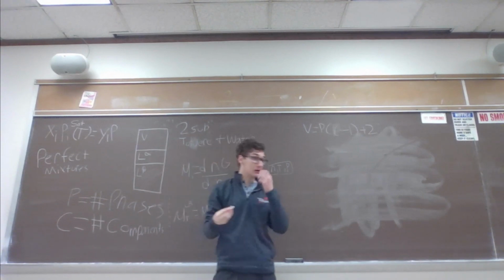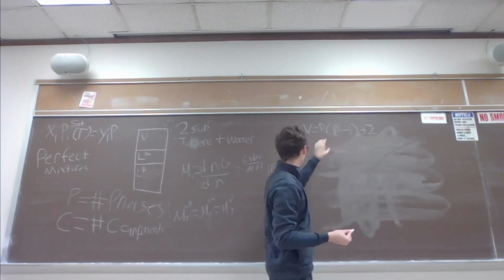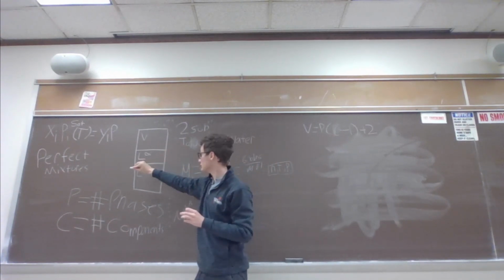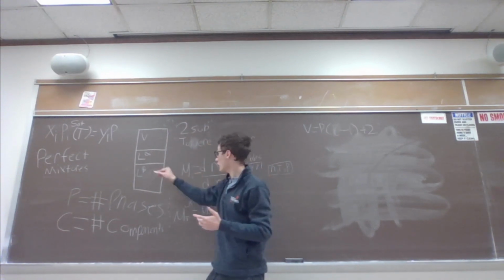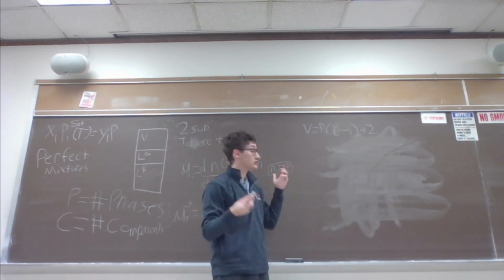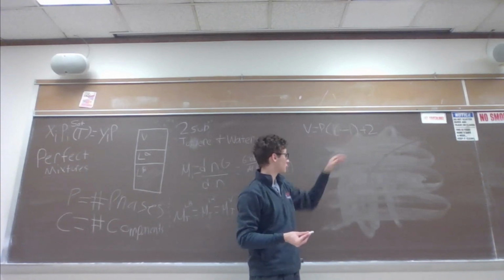We're subtracting 1 because if we have all the other variables on a per phase basis, we know that the mole fractions have to equal 1. And so we can actually calculate that one last value. And so that's why we have C minus 1.